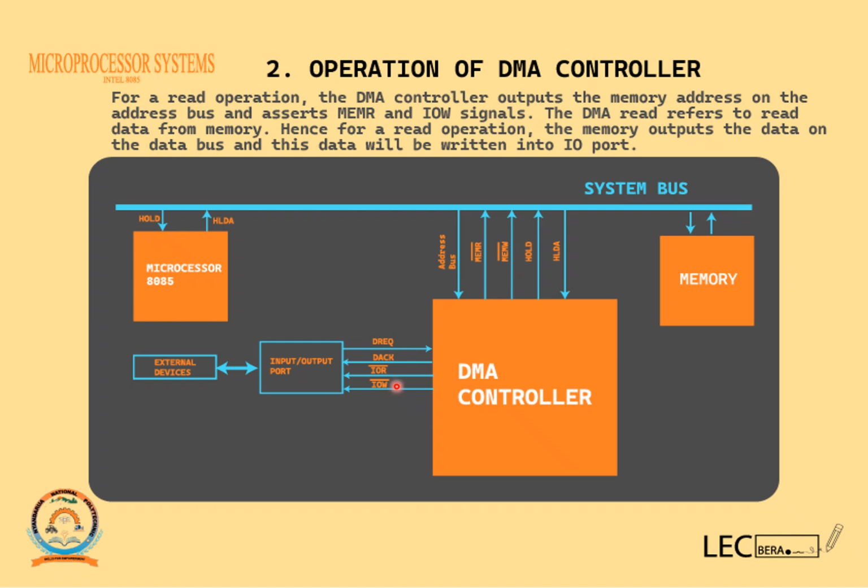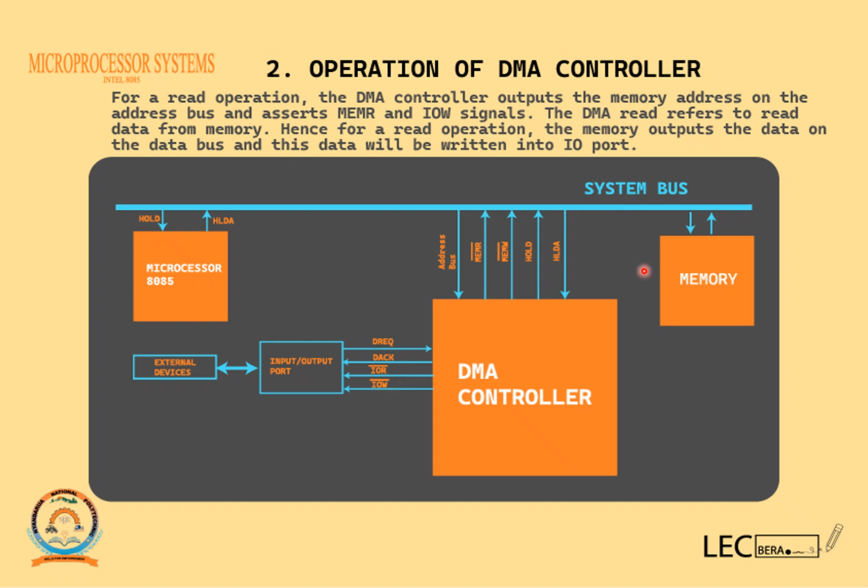This signal is the one we use to write data to the external devices, and the memory read signal is the one we use to read data from the memory. So anytime we are doing a read operation, the DMA controller is going to assert two signals low: memory read and input-output write. That is for the read operation.